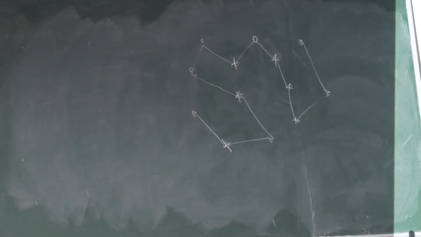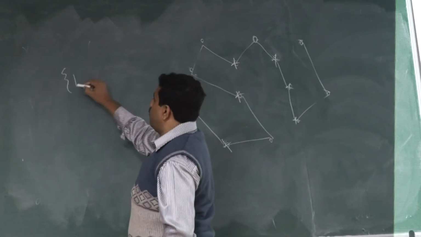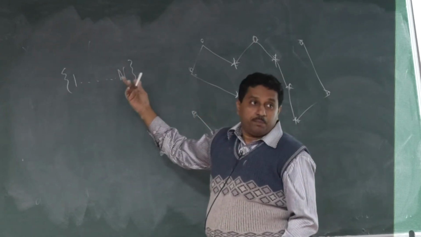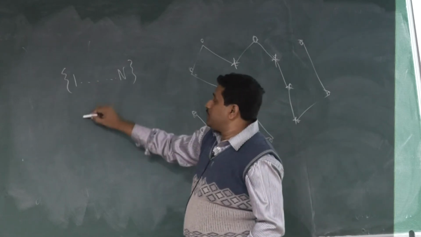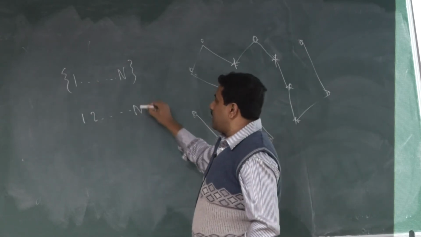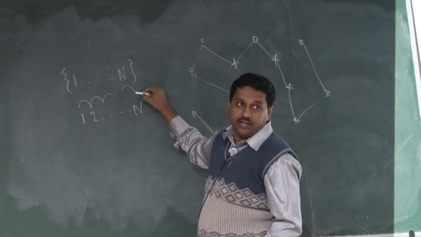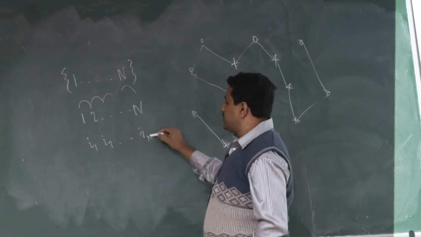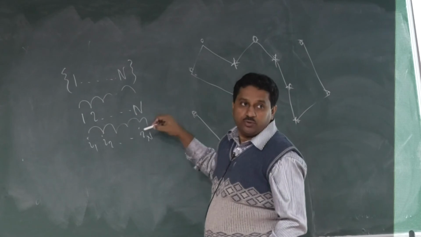So basically, finding a path means a particular arrangement of 1 to capital N. The number of paths is equivalent to the number of permutations. Because the permutation 1, 2, to n means I'll start from the first vertex, visit the second one, visit the third one, and so on, up to the nth one. Similarly, if you have i1, i2, ..., in, that means I'll start from the i1-th vertex, visit i2, then i3, ..., in, and so on.